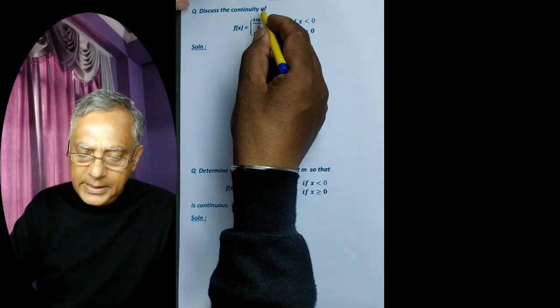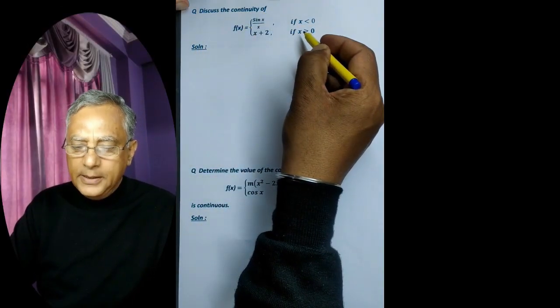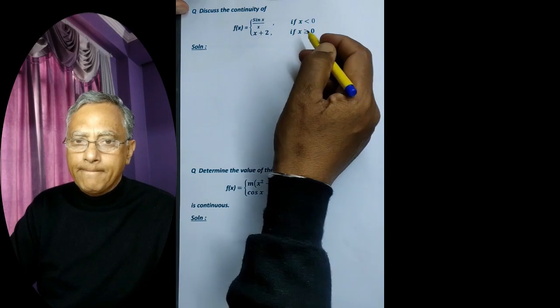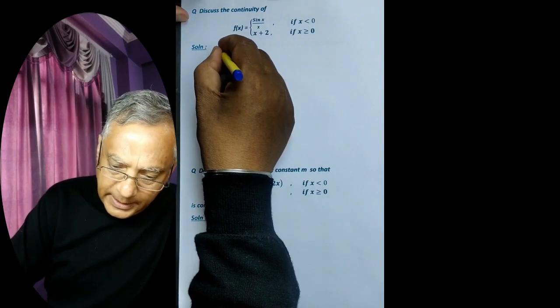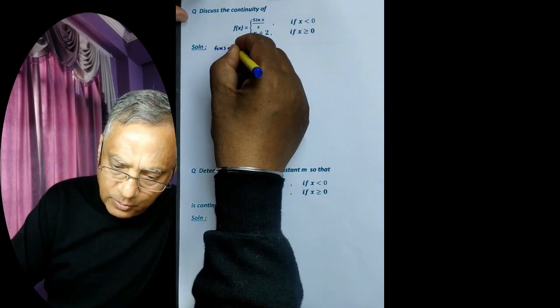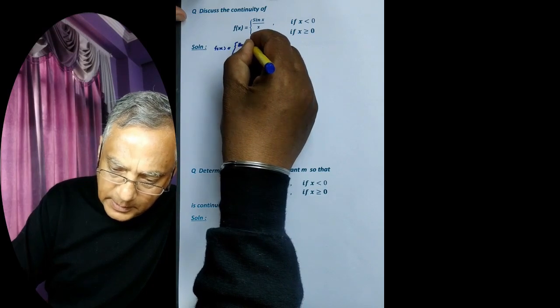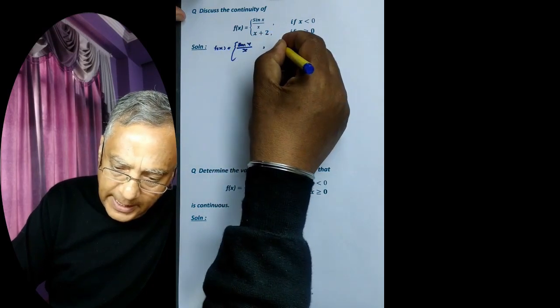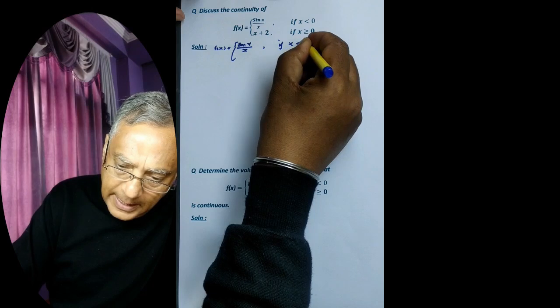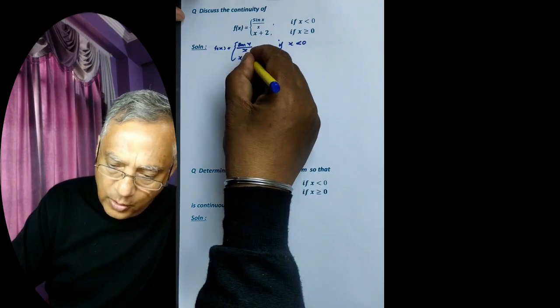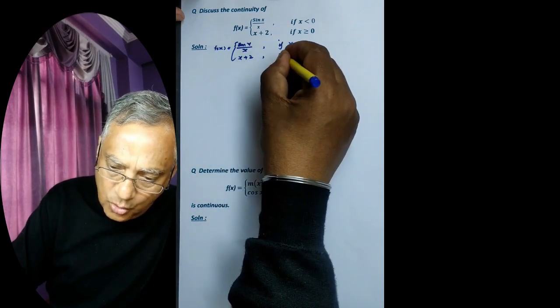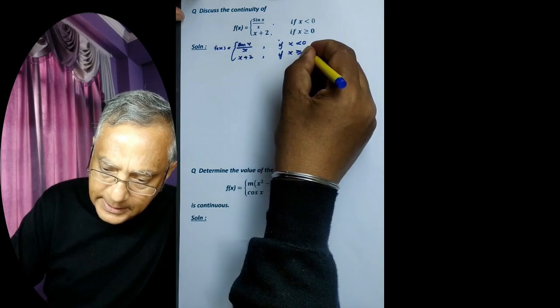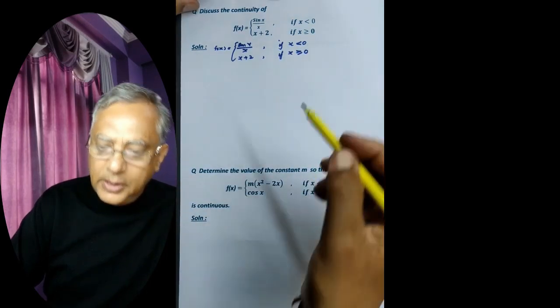Now, next question is discuss the continuity of this function. That is, f(x) is equal to sine x over x if x is less than 0, and this is x plus 2 if x is greater than or equal to 0.